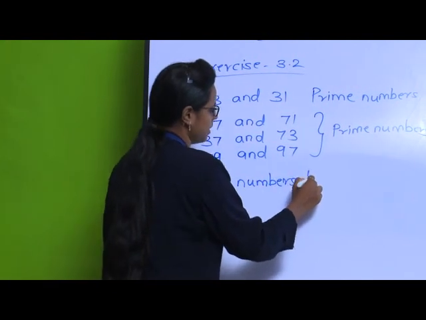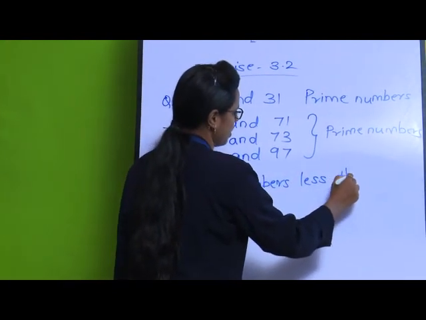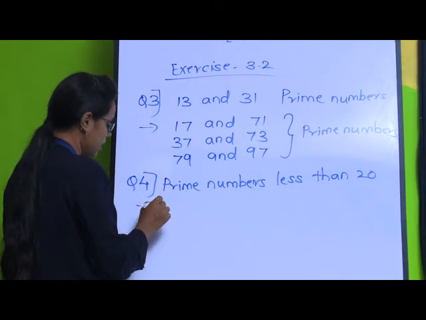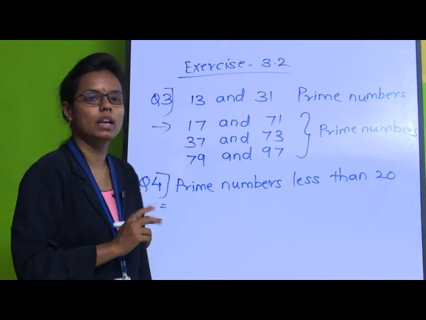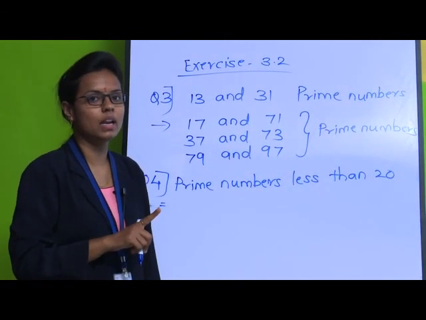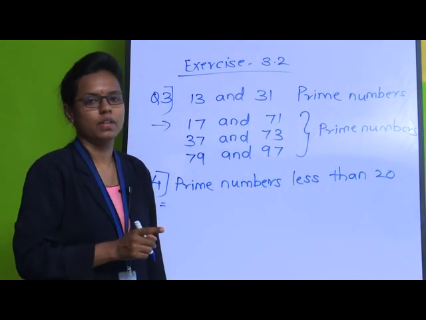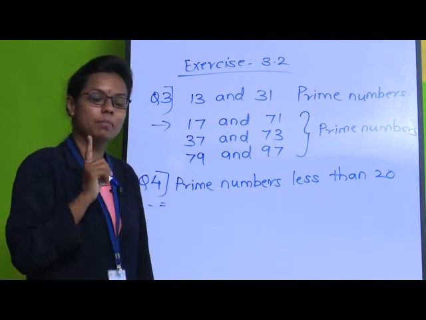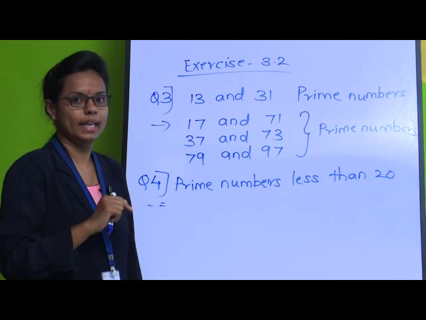Prime numbers less than 20. Now what are prime numbers? The numbers which have only two factors, that is 1 and the number itself, are called prime numbers. So we have to find prime numbers till 20.